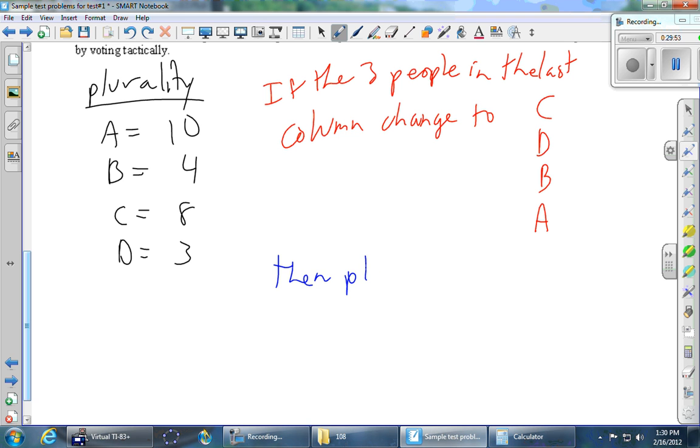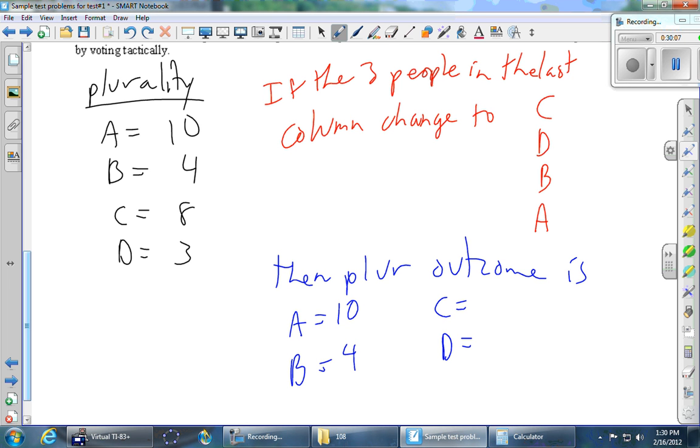If they do that, then the plurality outcome is, so we've got A, B and C and D. A and B are unaffected by this switch. But by doing that, C now has those 3 votes that used to go to D, and D doesn't get anything.